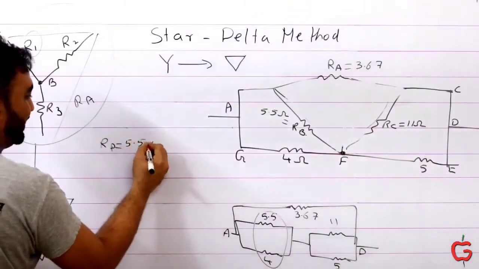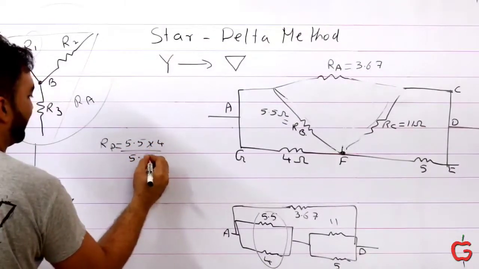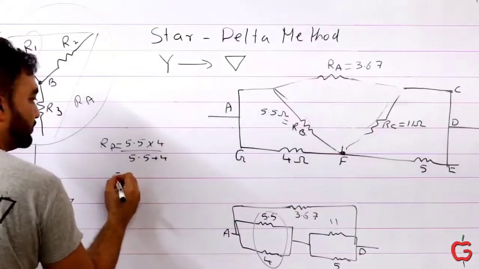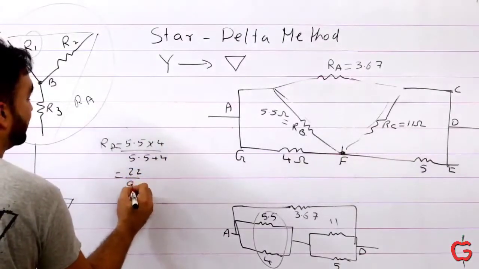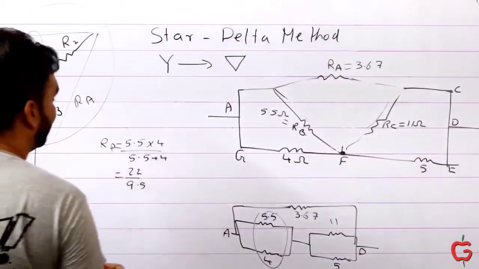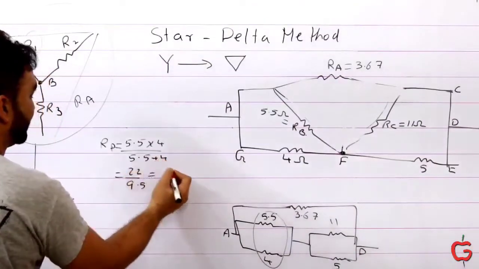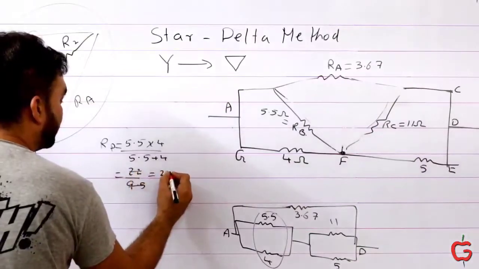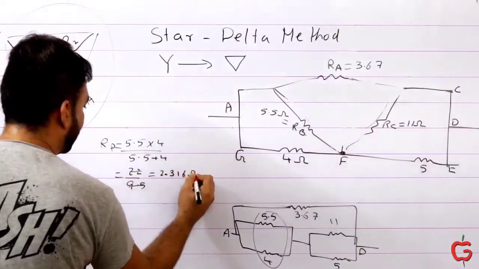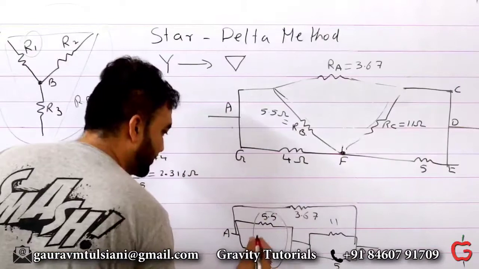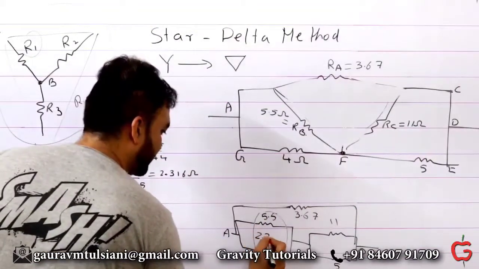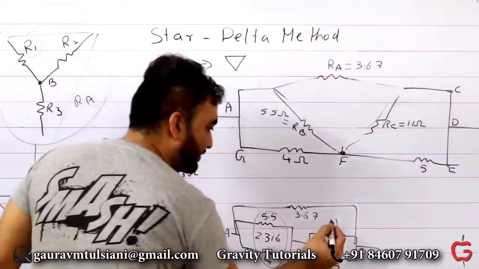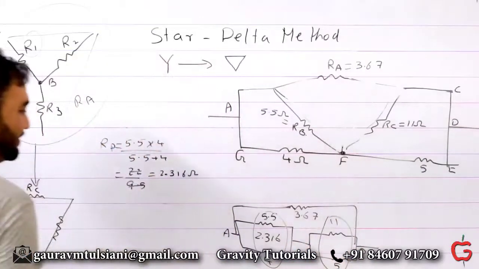So this is 5.5 into 4 over 5.5 plus 4. This becomes 22 by 9.5, which is 2.316 ohms. So the parallel resistance comes out to be 2.316.